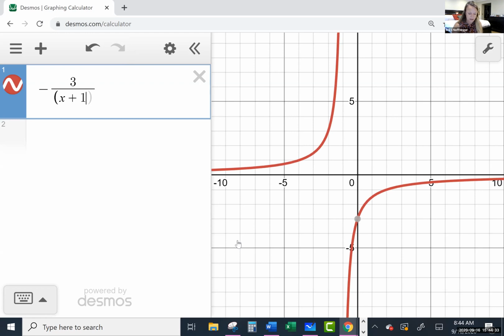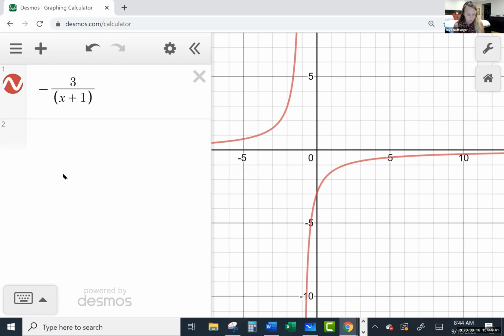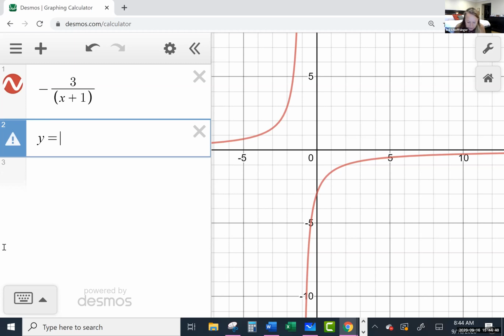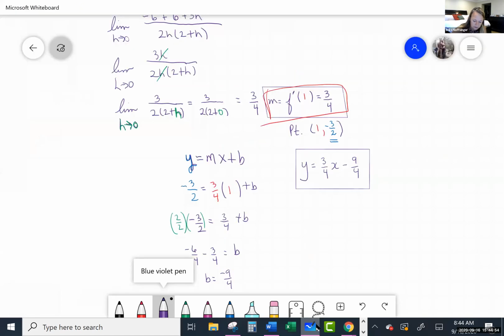And then our second equation, you guys remember y is equal to, let me just write this down so I don't have to go back and forth. 3/4 x minus 9/4.